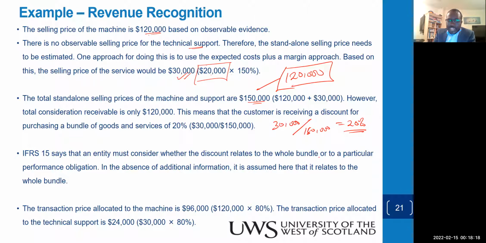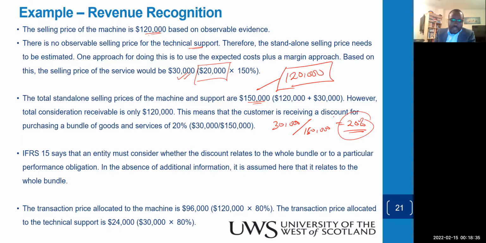In the absence of additional information, it is assumed that it relates to the whole bundle. Here, there's not much information in the question. So we'll assume that the whole 20% applies to the bundle of machine purchase and the maintenance.